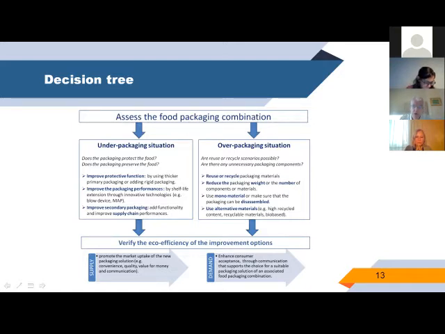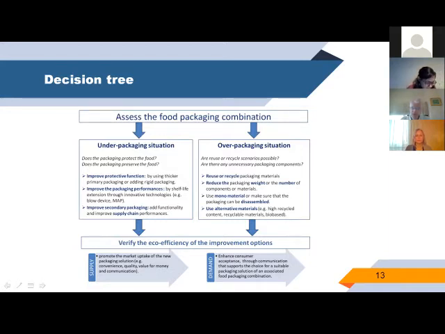In the first step, you need to assess whether the food packaging situation is an under-packaging situation or an over-packaging situation. You can do this either by LCA, or you can also do this qualitatively, depending on what tools you have available.